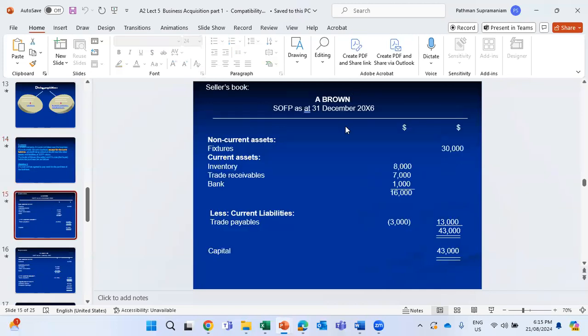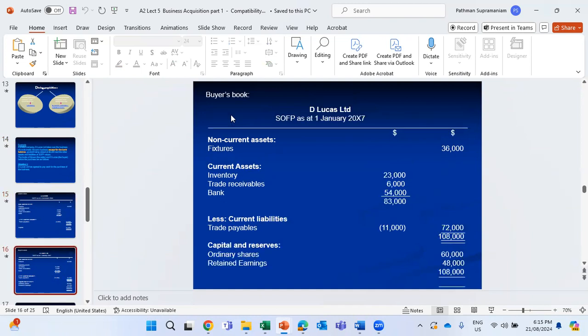This is the seller's statement of financial position before they sell off the business. This is the buyer's original statement of financial position before they buy over the seller's business.